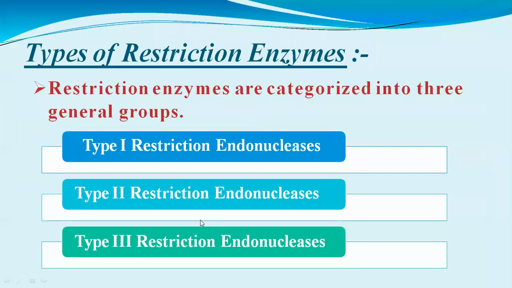Okay. Next is types of restriction enzymes. There are three types listed over here, and now we have type 4 as well. We will talk about type 4 later on; maybe I'll have to gather the information for it. Restriction enzymes are categorized into three general groups: type 1, type 2, and type 3.